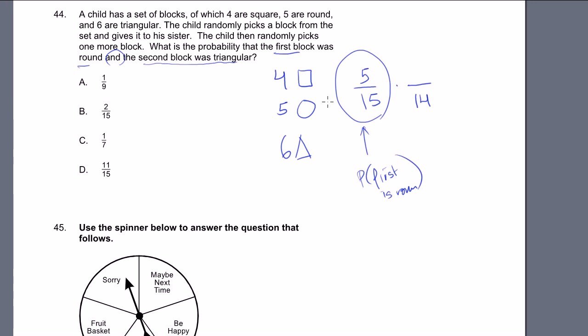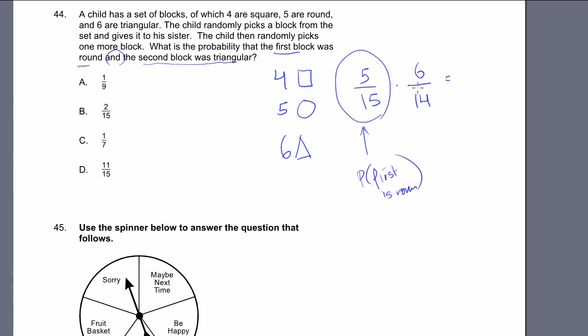And this is an and, so what is the probability that the second block is triangular given that the first block was round? So we assume that we still have our full contingent of 6 triangles, that wasn't picked the first time. So there's 6 triangles out of the 14 blocks left.